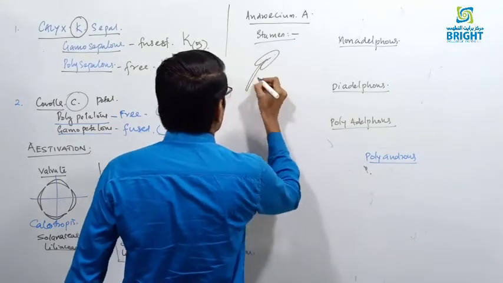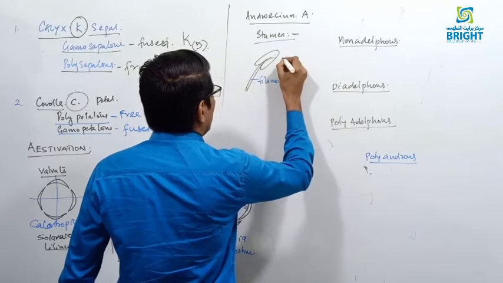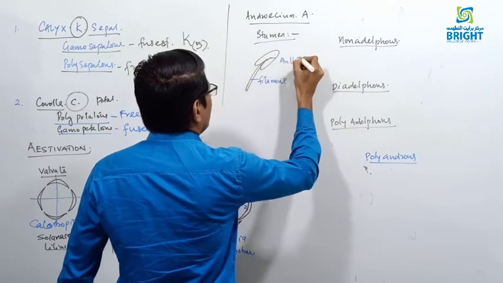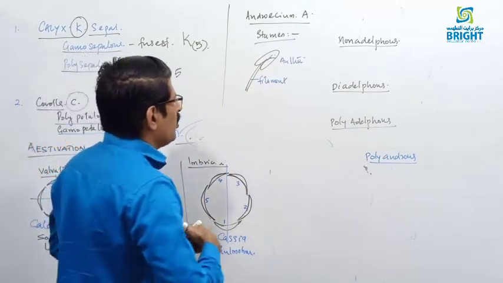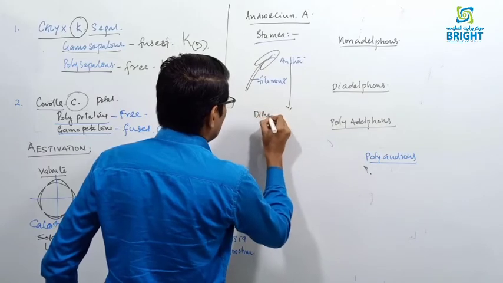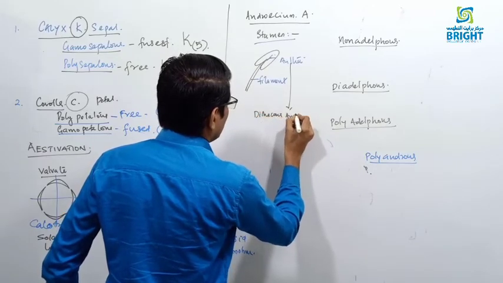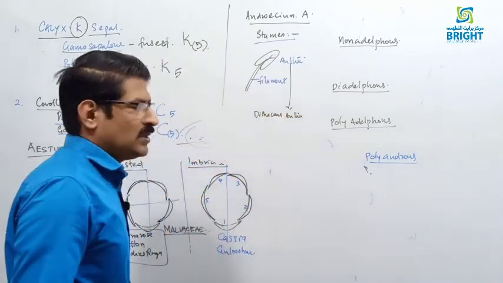Stamen has two parts, one is the filament and the second is the anther. Normally the anther is bilobed. Such an anther is called a dithecous anther. We study the same in the second year chapter, sexual reproduction in flowering plants.